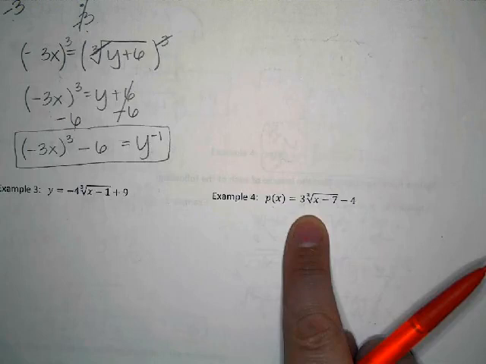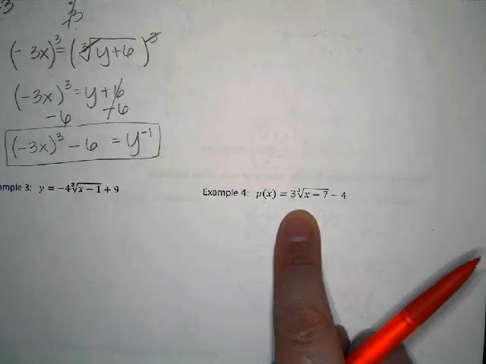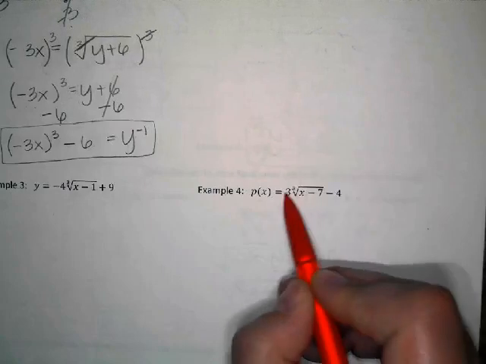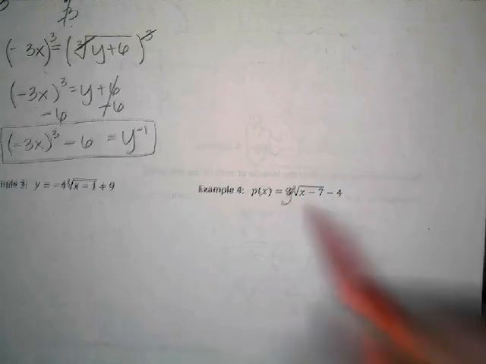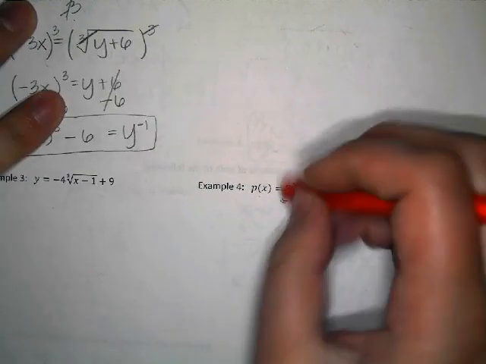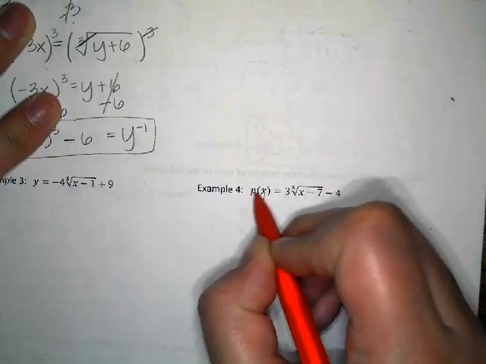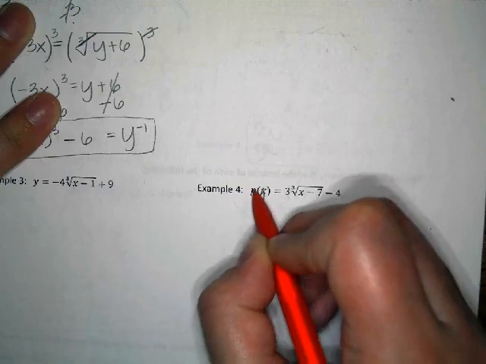Anyone recognize where the y is? Is it the 3? Is this a y? It's where the p is. Okay, so it's not right there. The y is right here. So p of x is just another way of saying y. Okay? And so now what are we going to do?